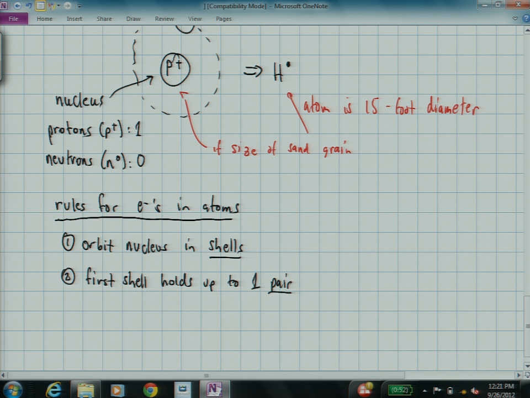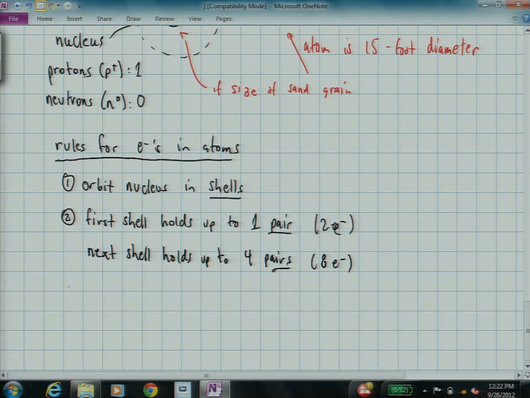Number 3, the next shell holds up to 4 pairs. That's 8 e minus. Now, there are further shells. We will not worry about them in Bio 111, but there are further ones for making even bigger atoms. You fill shells from inside to the outside.